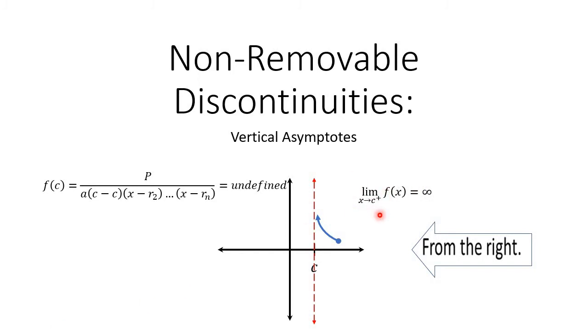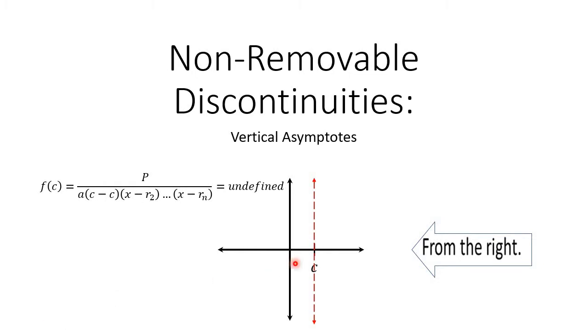So we use this notation: the limit as x approaches c from the right-hand side, so that little superscript plus sign means from the right-hand side, of the function f of x is equal to infinity. Meaning, as I get closer and closer to c from the right, the y values of the function are just increasing without bound.